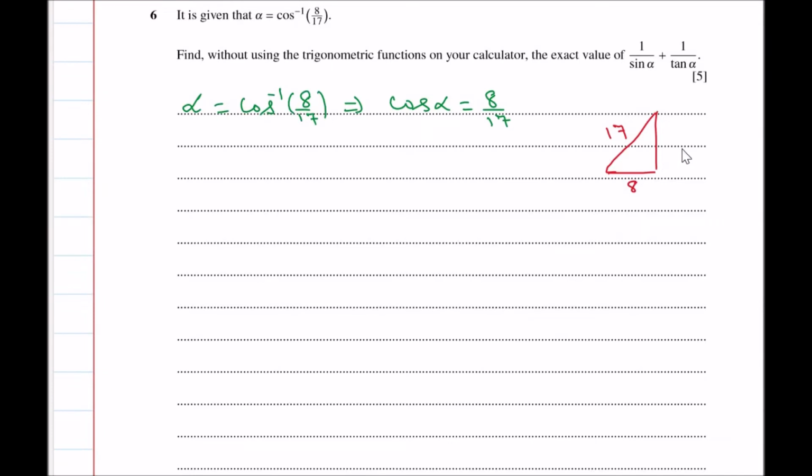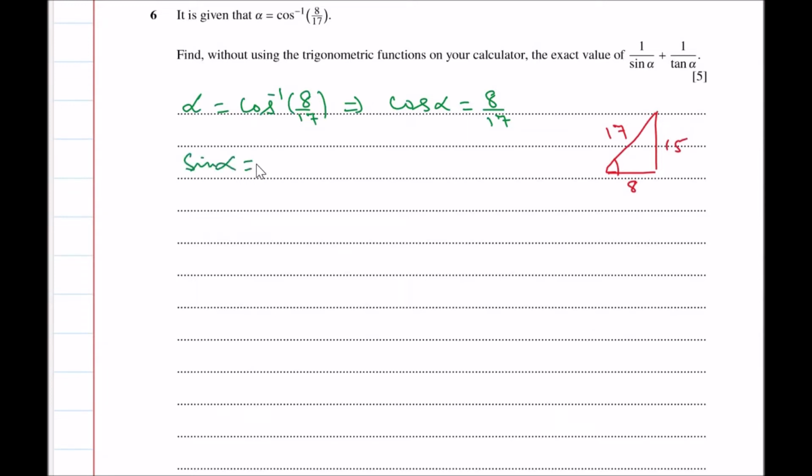So easily we can find the opposite for this angle, and that opposite will be the square root of 17 square minus 8 square. So that will be 15. Okay. Now easily we can write the values for cos alpha, sin alpha and tan alpha. Let us write.